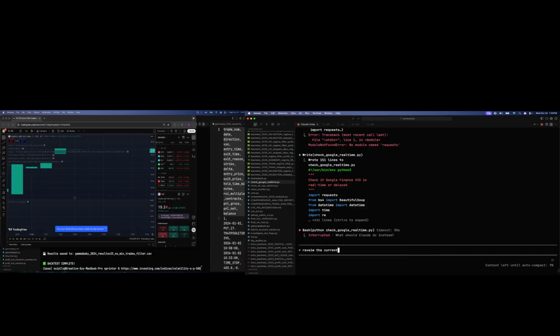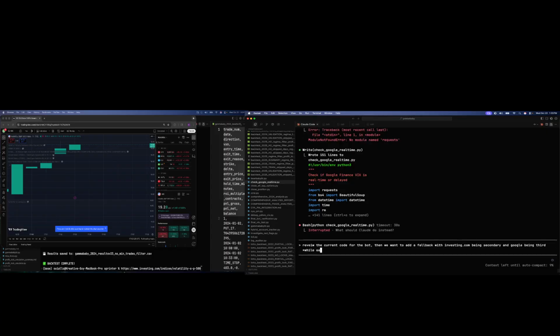Review the current code for the bot. Then we want to add a fallback, with .com being secondary and Google being third, with a warning that it... Don't even add it.